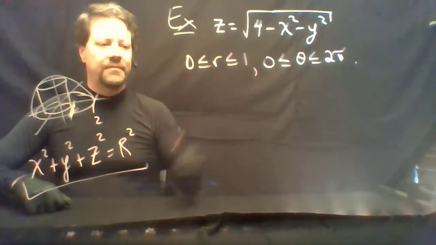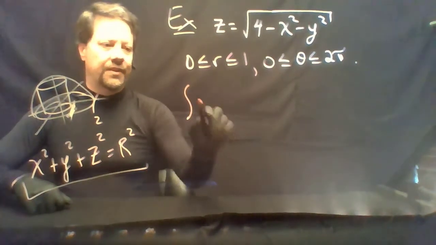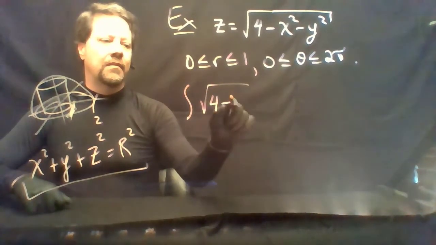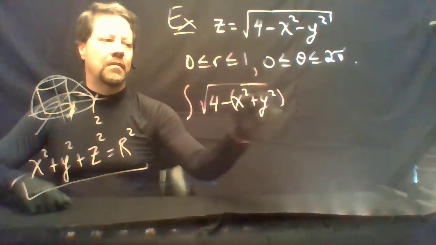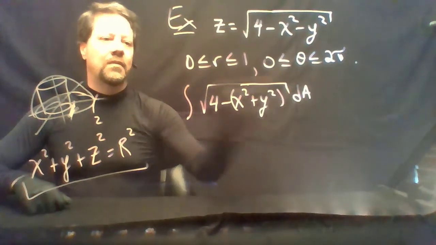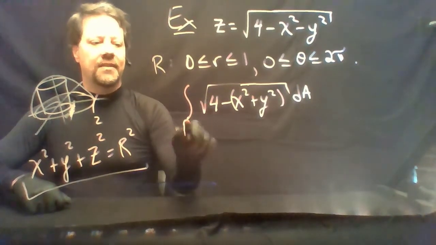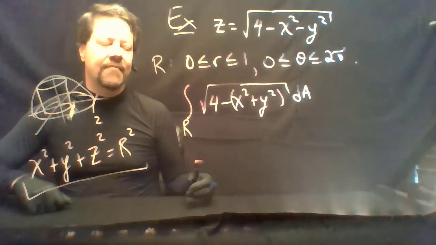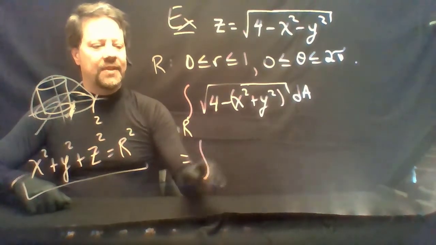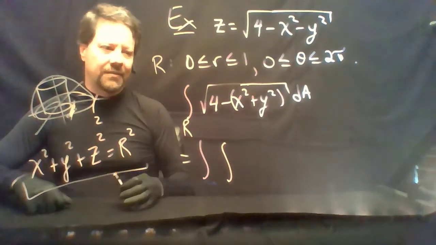To find the volume, we need to integrate this function over the region parameterized by r between 0 and 1, theta between 0 and 2 pi. So we'll set this up as a double integral.